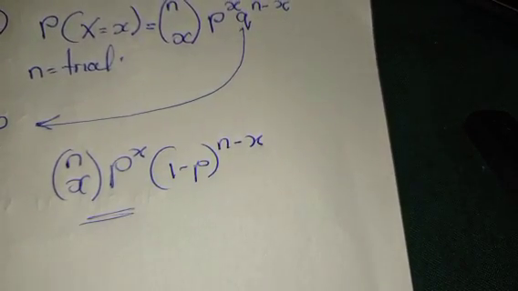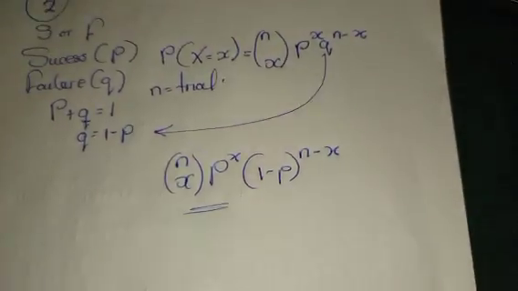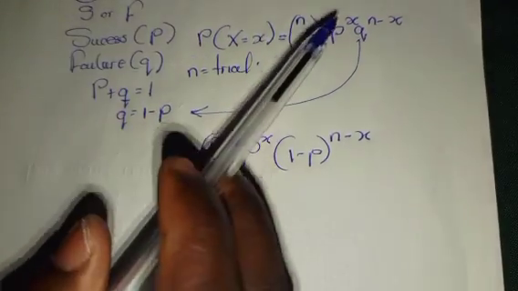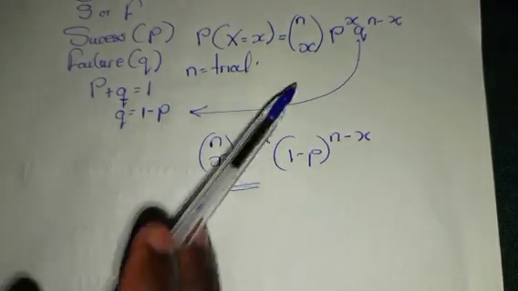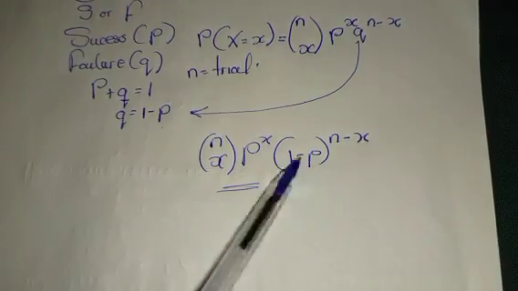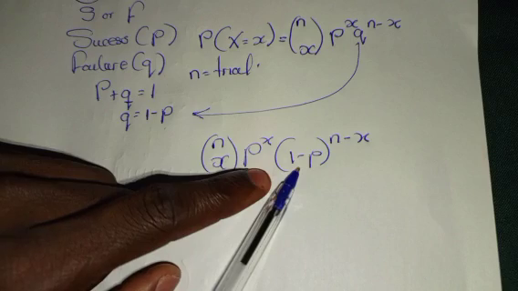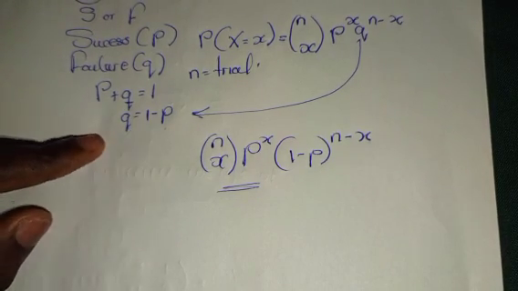These two formulas, the ones I have written, are the same. p to the x, q to the n minus x is the same as that. It's just that here we have replaced failure with 1 minus p, because equal to in mathematics simply means same.